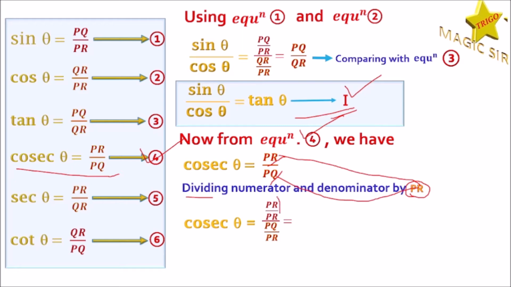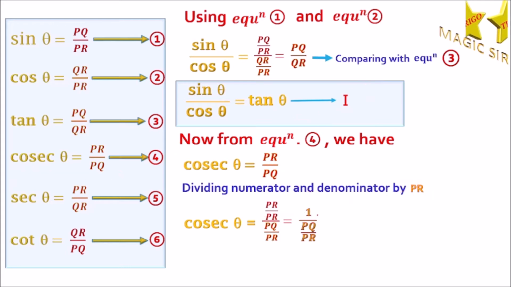But we know that PR upon PR is equal to 1. So cosec theta is equal to 1 upon PQ upon PR, where PR upon PR equal to 1 and PQ upon PR is as it is.